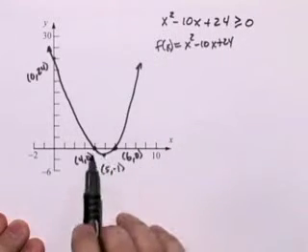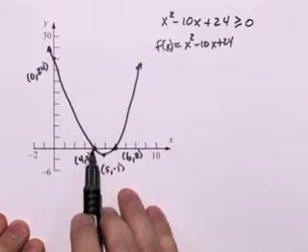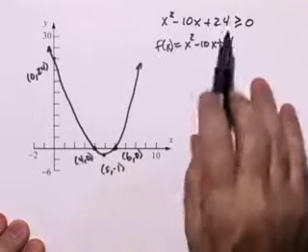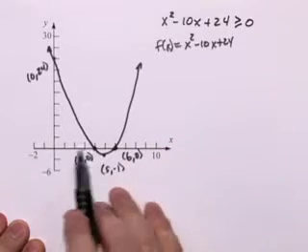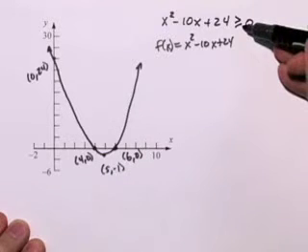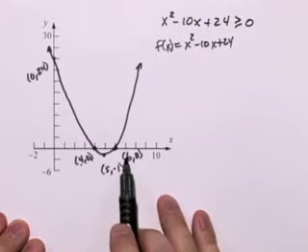From our graph, we can see that we'll have f of x greater than or equal to 0 for values of x that are less than 4, and for values of x that are greater than 6. Since the inequality is not strict, we also include values where the function is equal to 0. That's at 4 and 6, so we'll include those in our solution set.